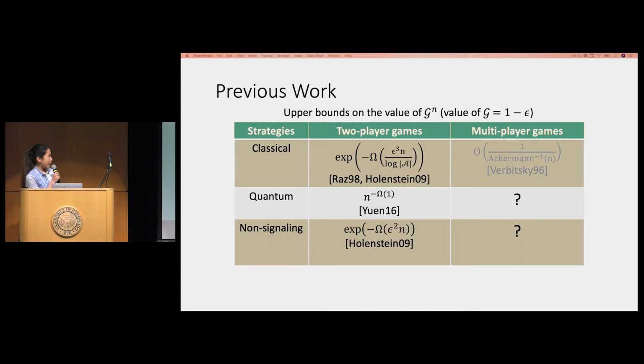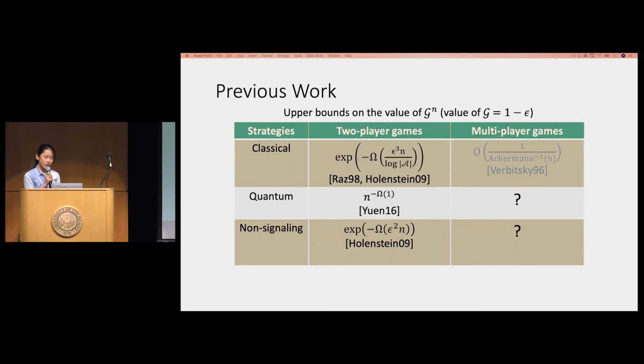So the best that we have in the classical case is a 1 over inverse Ackermann bound. So we know that the value of the game does decay towards 0, but potentially quite slowly according to this bound.